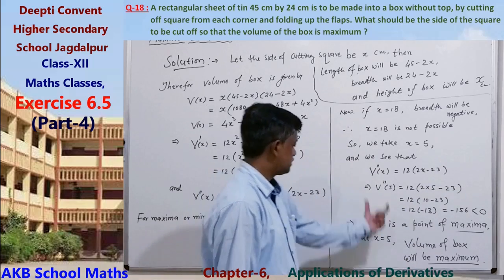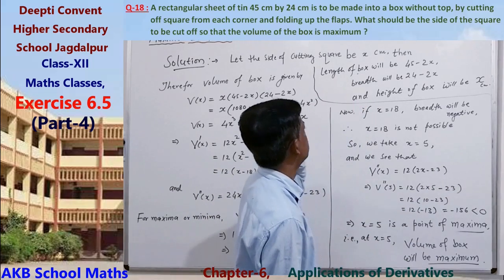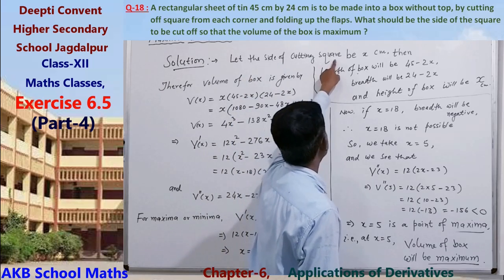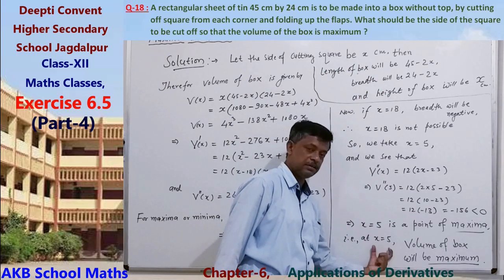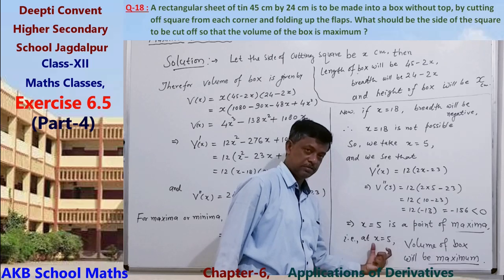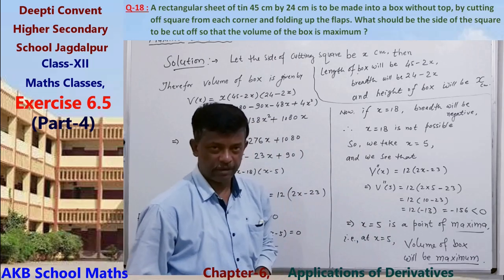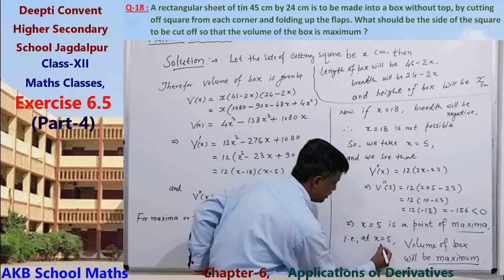Okay, so x equals 5 centimeter. So if we take 5 centimeter as the cutting side of a square, then volume will be maximum. So this is our answer.